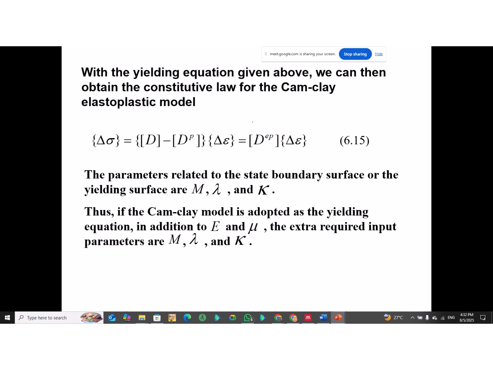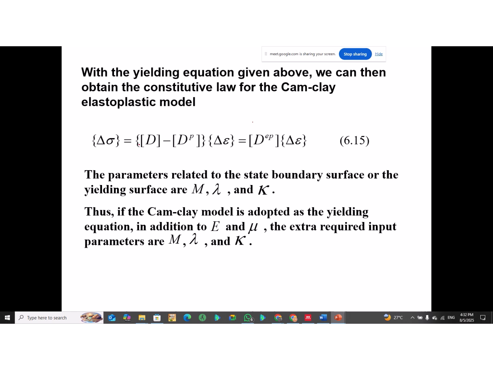So this is the yield equation, and from the yield equation we can obtain the elastic constitutive law. What's important for our materials is to be able to establish constitutive laws that can actually fit the behavior we see in reality.